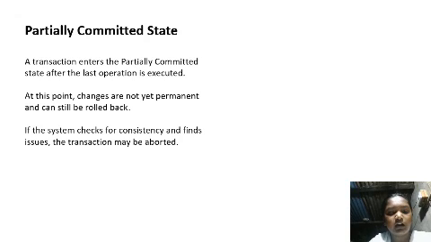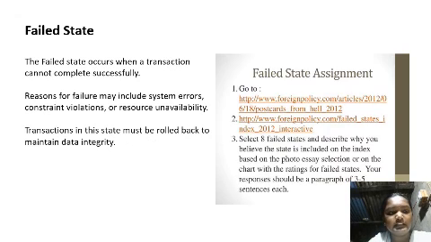When errors occur, we can roll the transaction back. If the system checks for consistency and finds an issue, the transaction may be aborted. If the system finds consistency, we go to the next step, and if it is inconsistent, we roll back to the failed state.